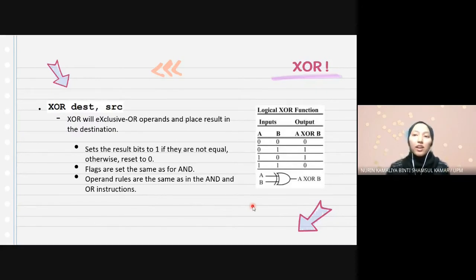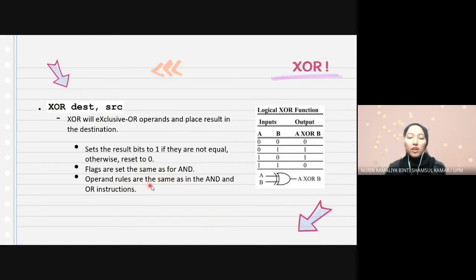Next one is XOR. This is the XOR instruction form. XOR will exclusive OR the operands and place the result in the destination. It sets the result bits to 1 if they are not equal, otherwise resets them to 0. Flags are set the same as for AND.